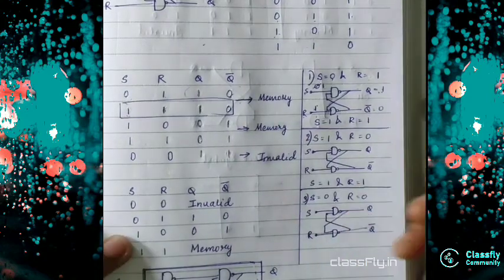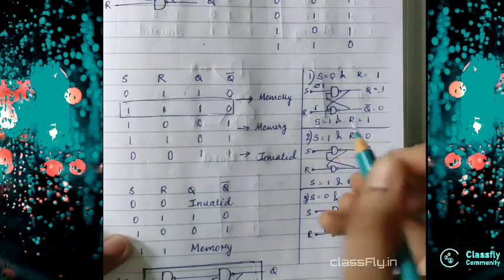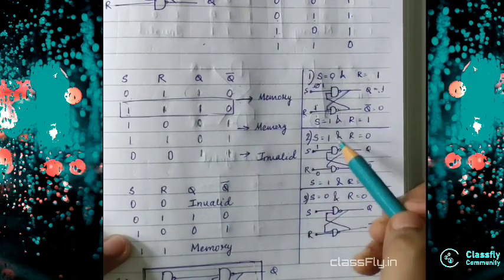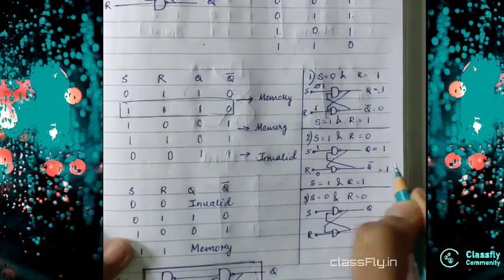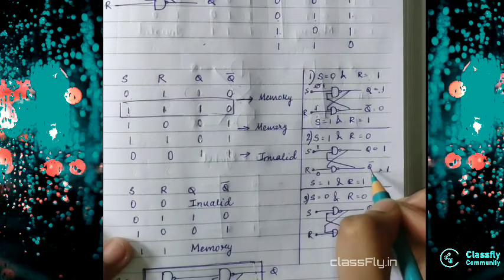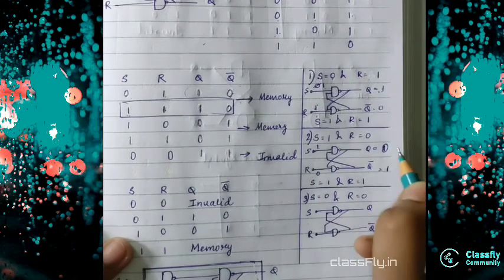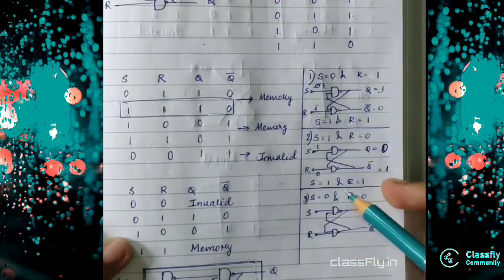Now if I do S equal to 1 and R equal to 0, then I know that 1, 0 gives 1, so Q bar will be 1, and this 1 will go from here, so 1, 1 is 0. Okay, Q will be 0.